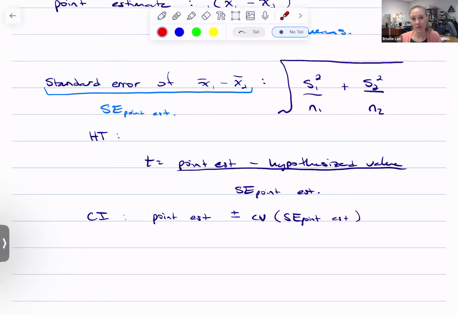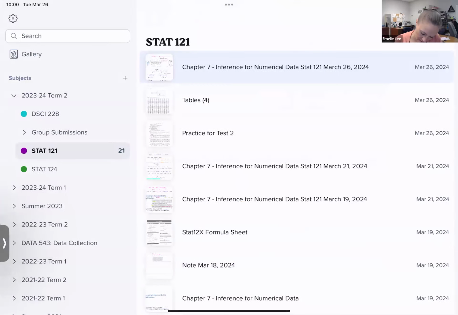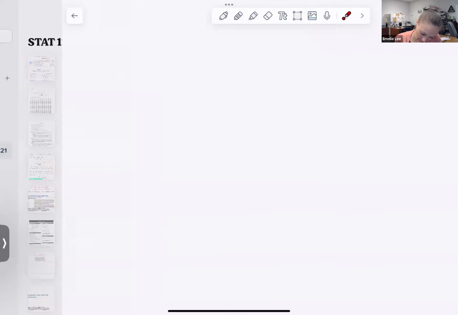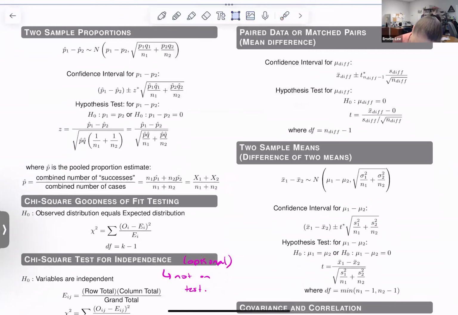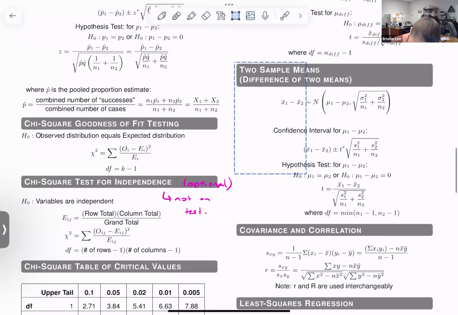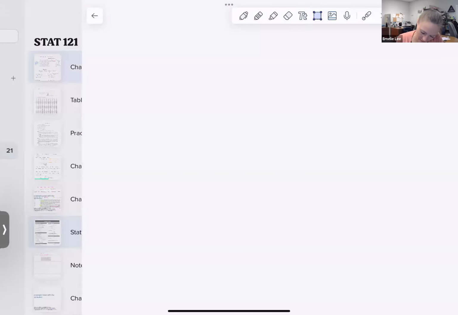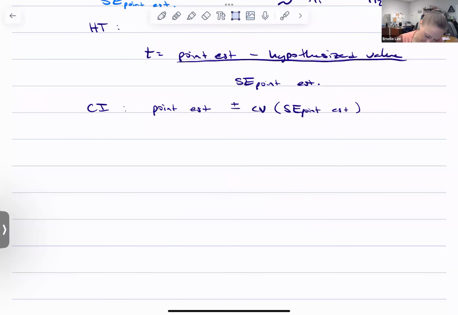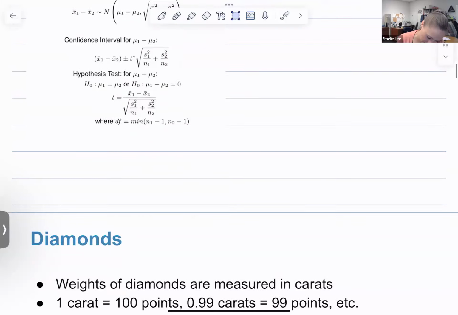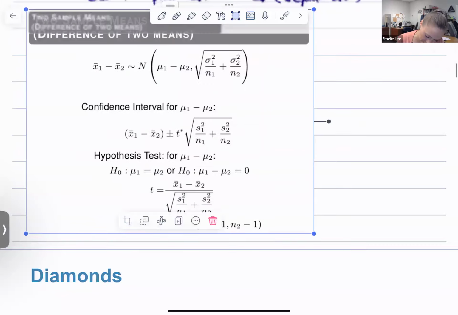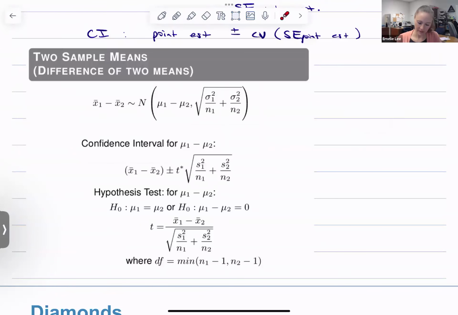So now we can go to our formula sheet and have a look. The formula sheet is bigger because we have more information, but besides that, nothing crazy is going on here.